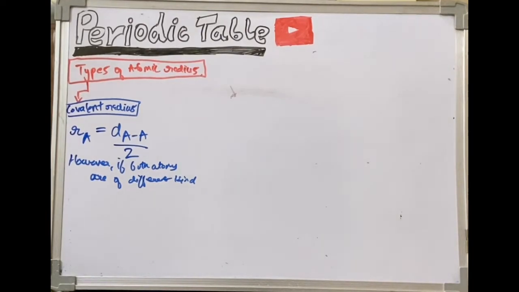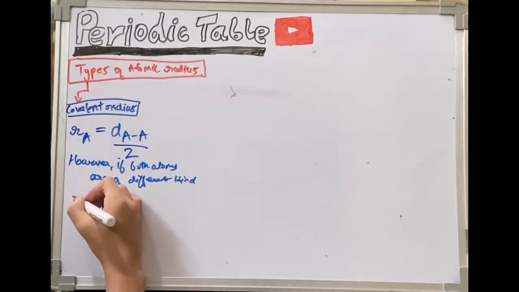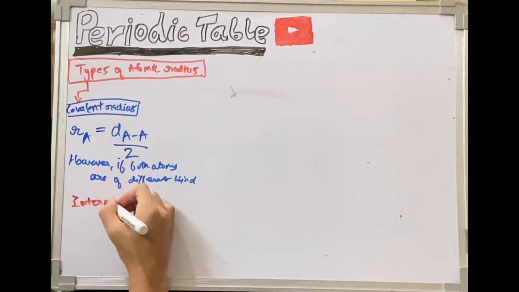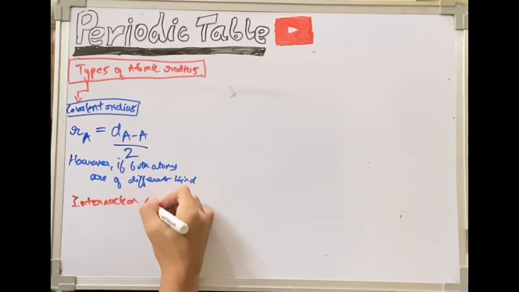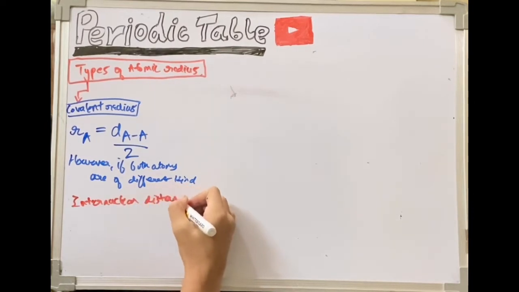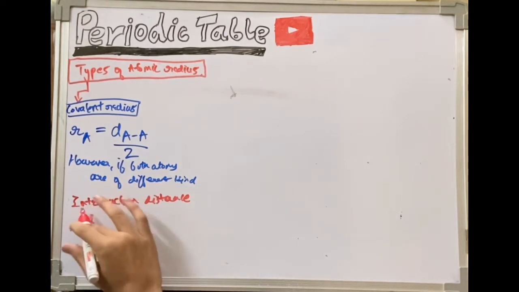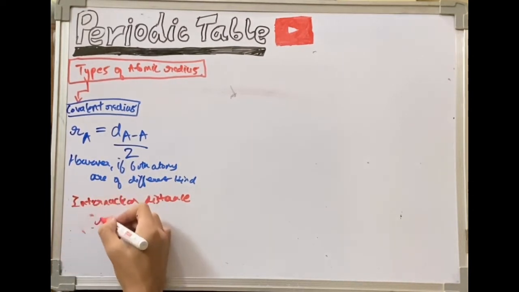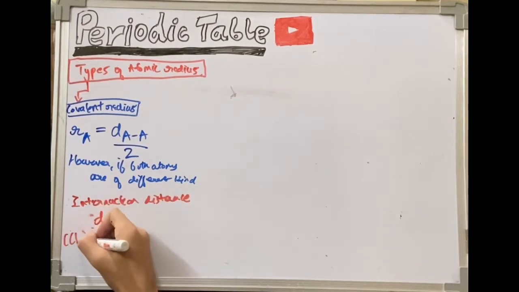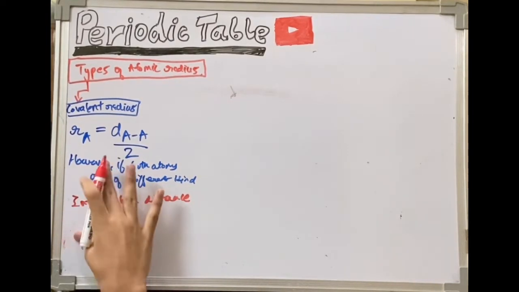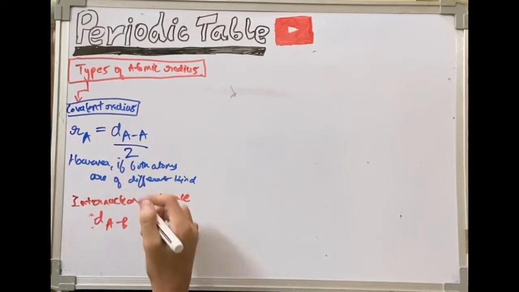So the internuclear distance DAB, this is the second one. For example, CCl4 and all the covalent bonds between two different kinds of atoms.